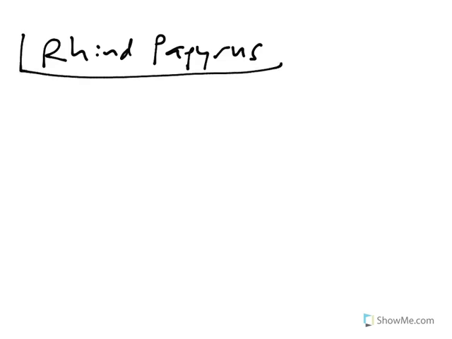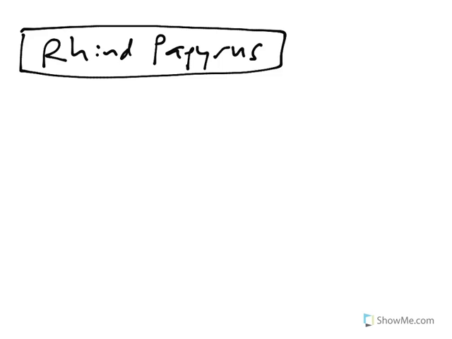The most famous mathematical Egyptian artifact is called the Rhind Papyrus. The Rhind Papyrus is a collection of, I think, 83 problems, plus it has a table in the beginning. And that's where we know most of our information about Egyptian math.